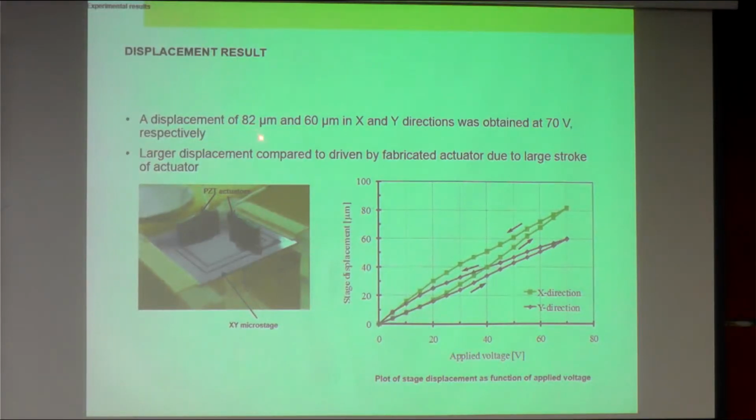This is a large displacement compared to that driven by the fabricated actuator, due to the large stroke of the actuator here. Here you can see hysteresis. As I mentioned before, this is a piezoelectric actuator property: the direction of expansion and the direction of contraction don't follow the exact same route, but have this kind of hysteresis feature.